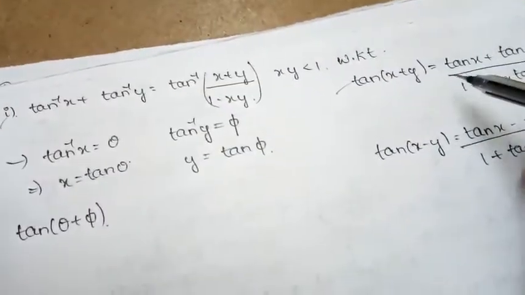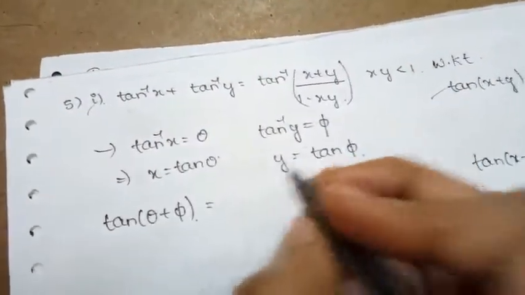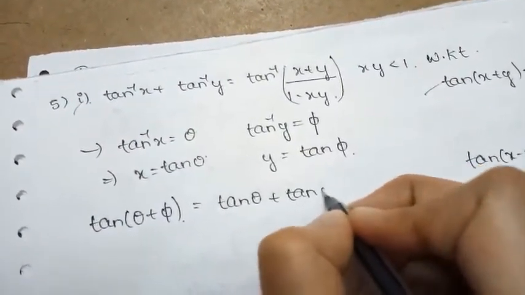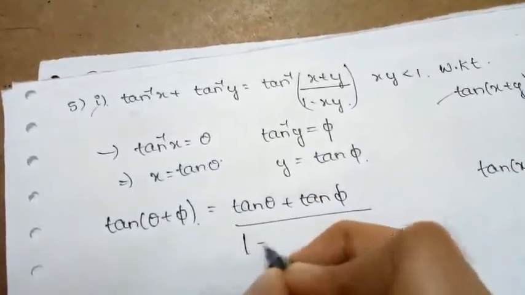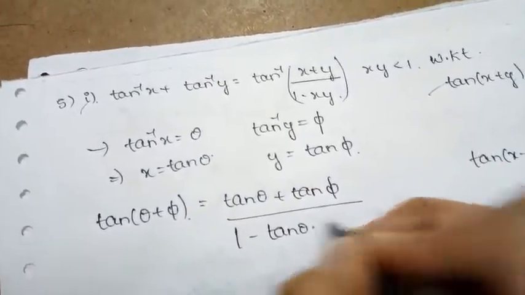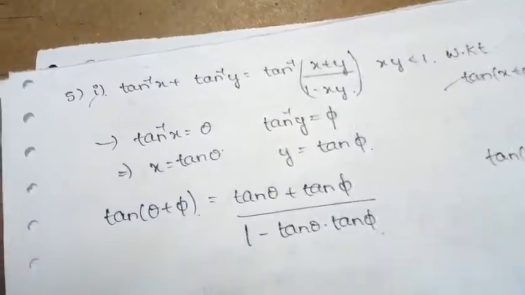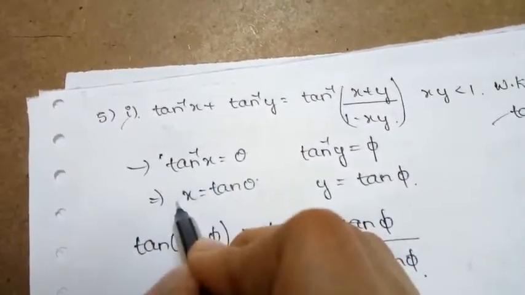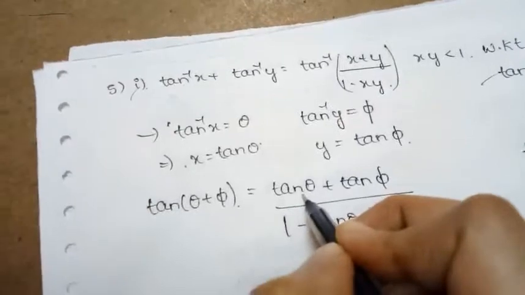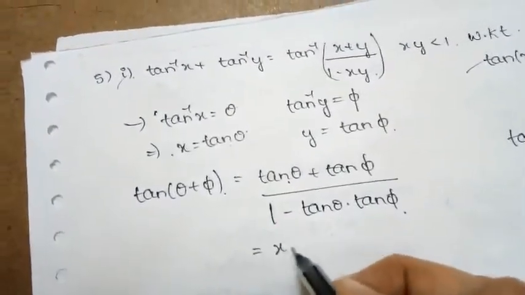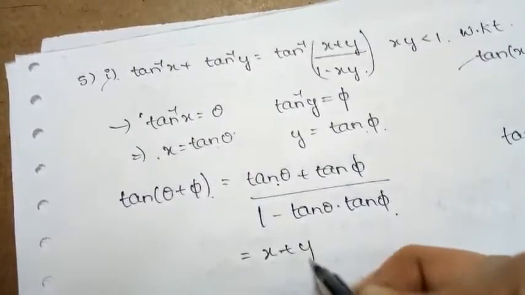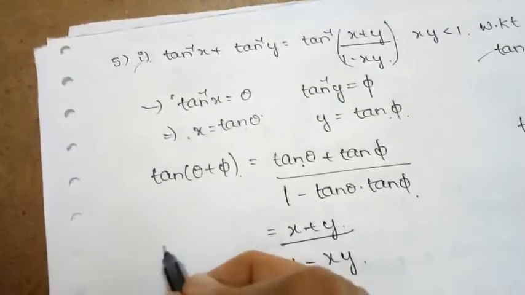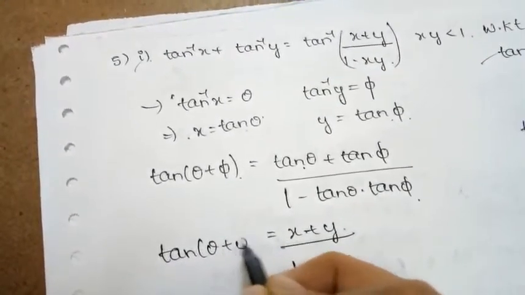With this identity, tan of theta plus phi is nothing but tan theta plus tan phi divided by 1 minus tan theta into tan phi. By simplifying, tan theta is nothing but our x, tan phi is nothing but our y, divided by 1 minus x into y. So this is nothing but our tan of theta plus phi.